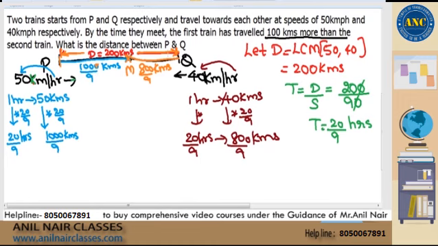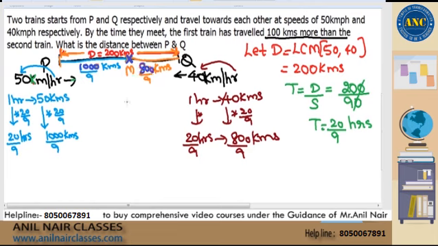Now, listen to this carefully. I assumed it as 200. Because of my assumption of 200 only, I am getting all these 1000 by 9 and 800 by 9. That means, according to my assumption, by the time they meet, one train has traveled 1000 by 9 kilometers, another train has traveled 800 by 9 kilometers.